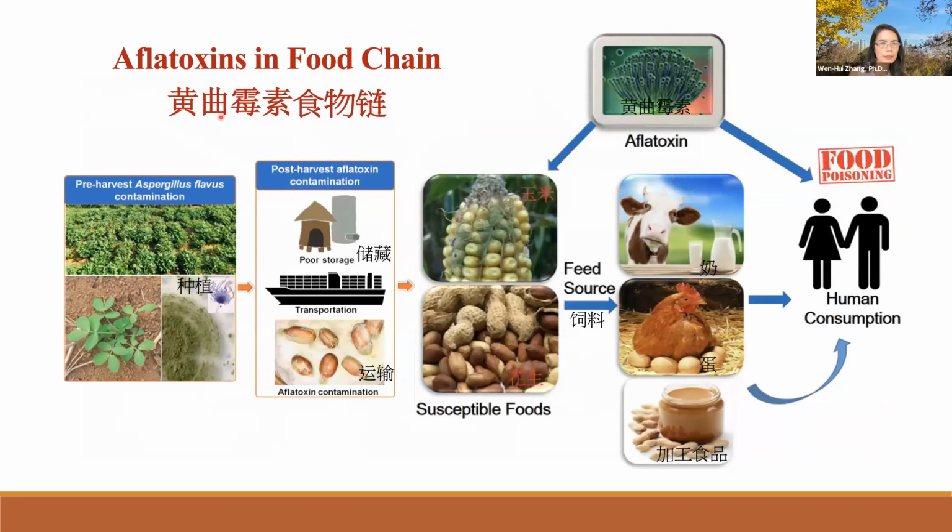But let's look at aflatoxins in the food chain. So aflatoxins can be accumulated during pre-harvest, like the growing of the plants, or during post-harvest, storage and transportation.